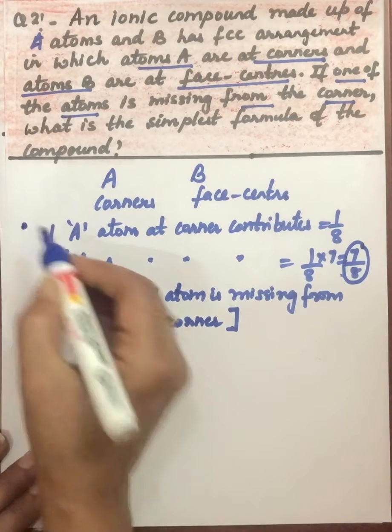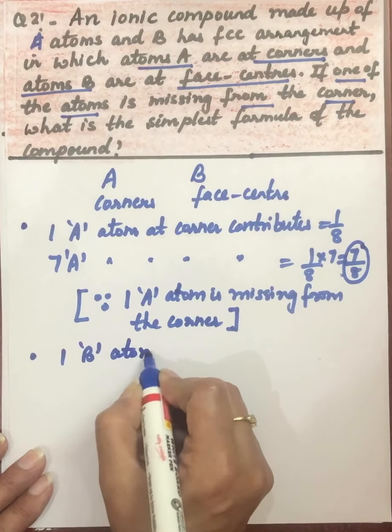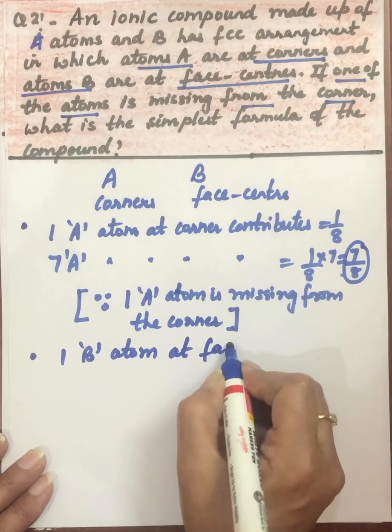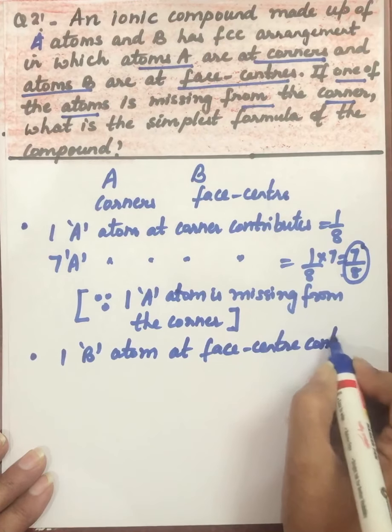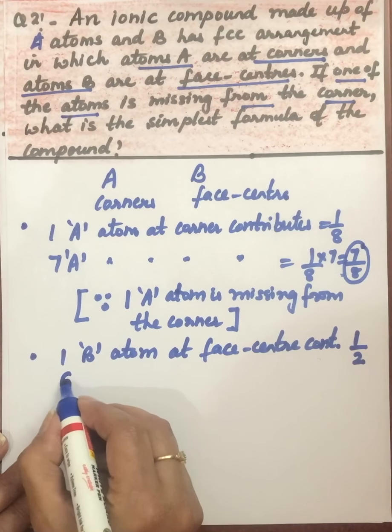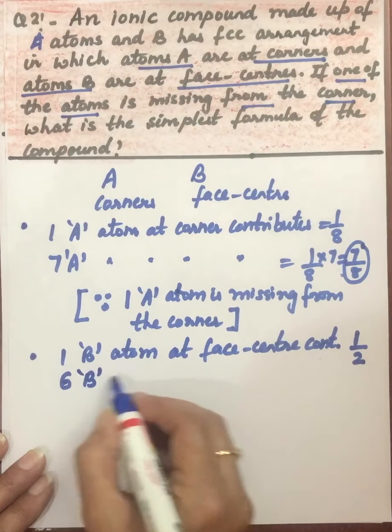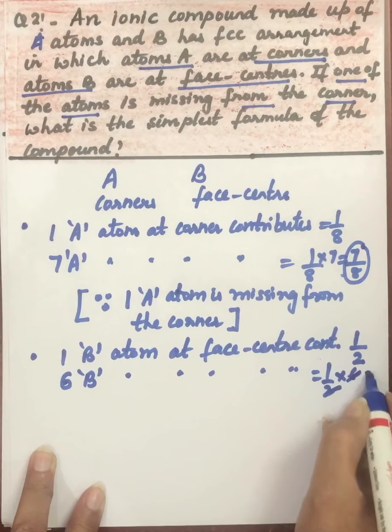Now come to the B atoms. 1 B atom at a face center contributes how much? 1 by 2. And how many face centers are there? 6. So 6 B atoms at face centers contribute 1 by 2 into 6, that is equal to 3.